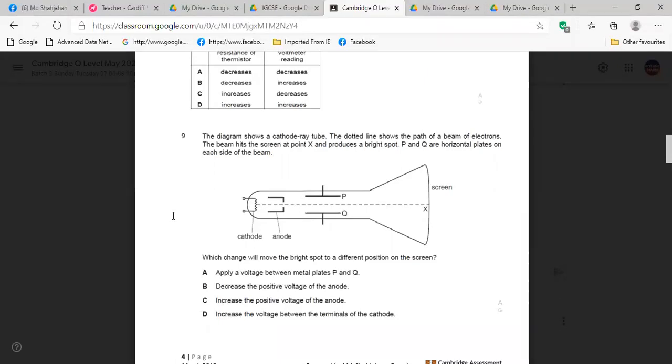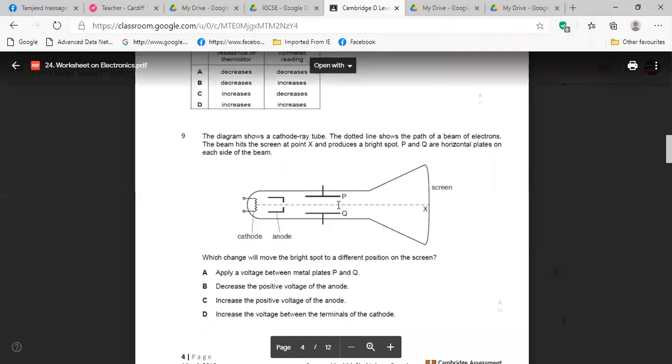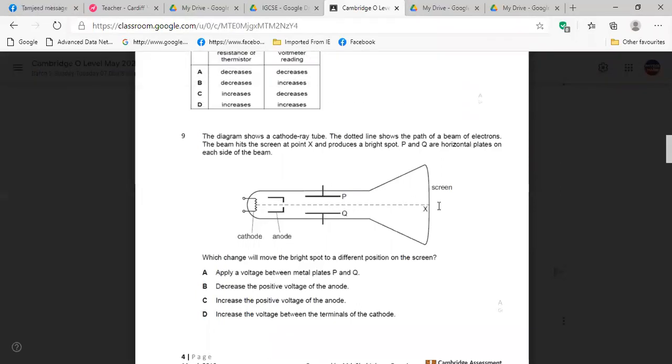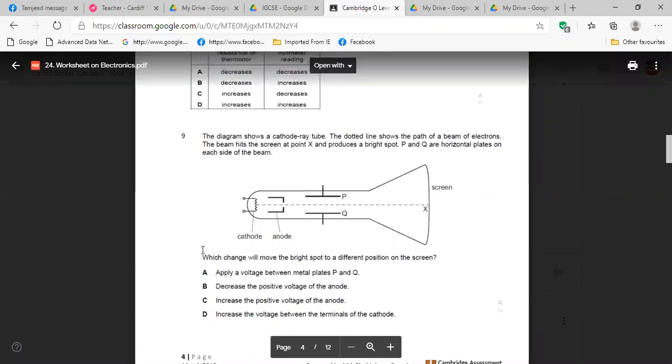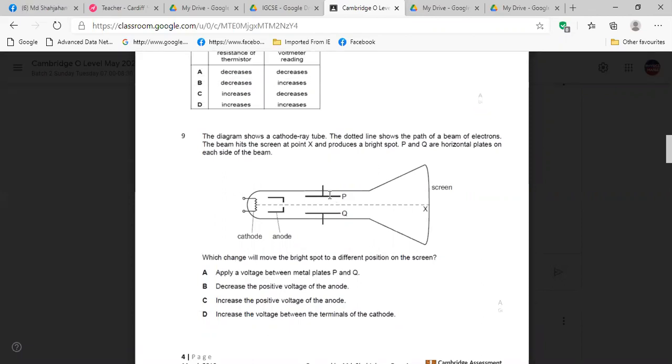So if you think of this beam of electrons, a beam of electrons is negatively charged, right? If you are applying voltage, voltage means one plate will be positive, one plate will be negative.